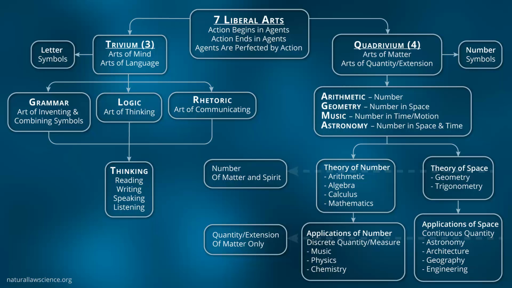So on the left there's the Trivium, which represents 3, and the Quadrivium on the right, which represents 4. The Quadrivium comes after the Trivium, because you need to know how to think first before you study existence and reality more accurately. The Trivium is the arts of the mind, arts of language. It deals with letter symbols.